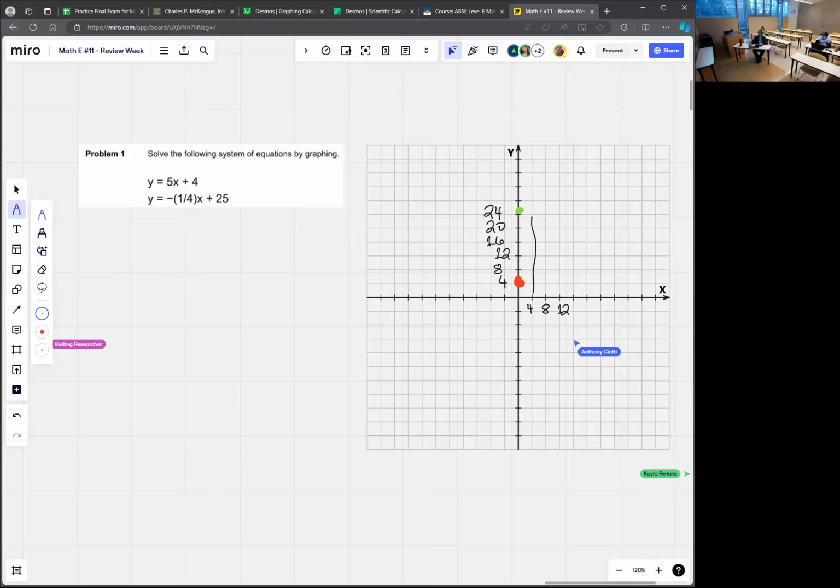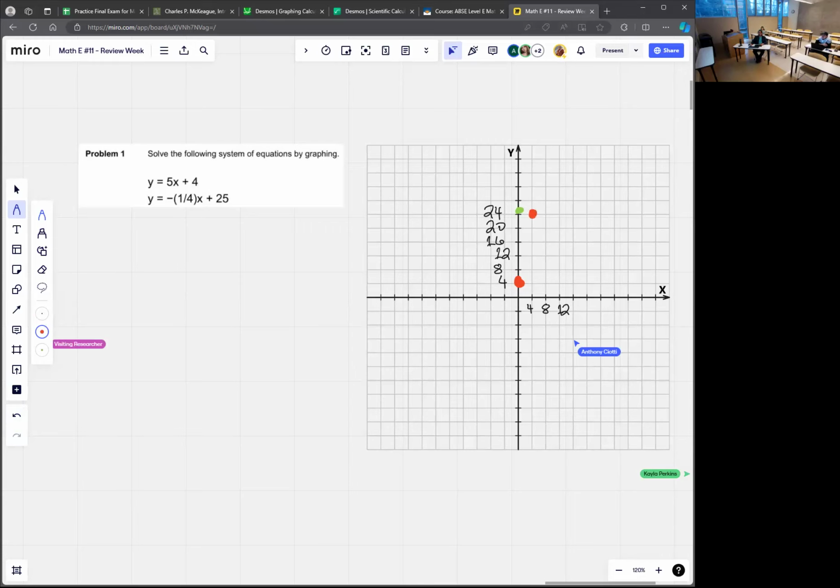And then I'll look up and down this x equals 4 line and see where to make my other red dot. So if I plug in 4, 4 times 5 is 20, plus 4 is 24. So my other red dot is there.